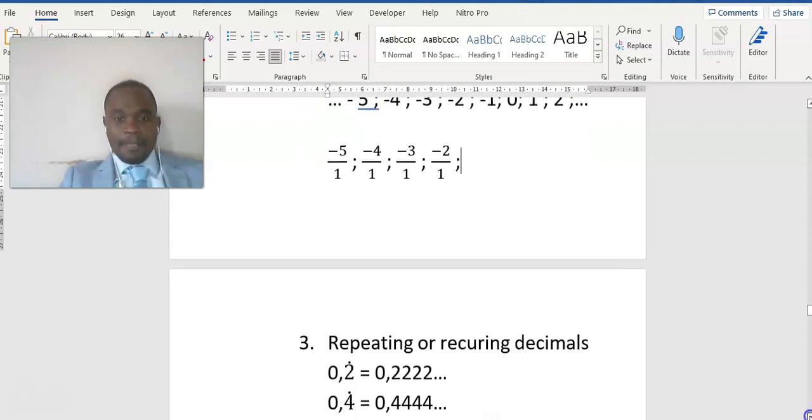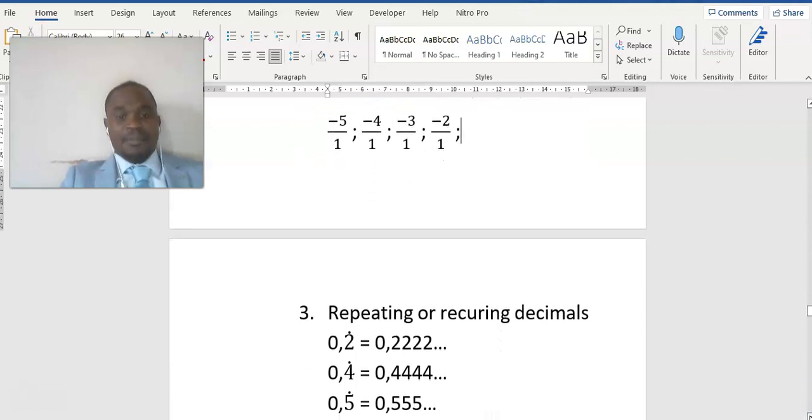Now, another type of rational number is repeating or recurring decimals. If I have a repeating decimal, it means the same number continues to appear, alright?